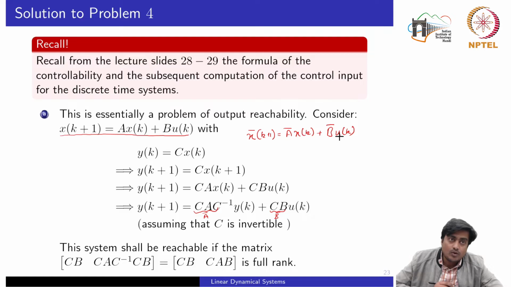Now this equation becomes almost similar to the state equation we have been seeing from the beginning. So using these matrices A bar and B bar, I can compute the rank of the controllability matrix.